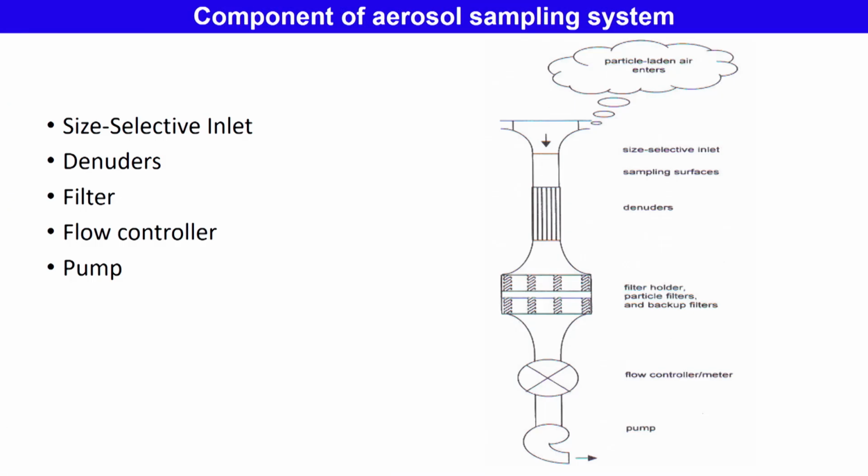Now coming to the sampling unit, what does the complete system look like? As I said, you have particle-laden air, an air parcel which contains lots of particles. Now if you just put a bucket here and collect some samples, you get something.